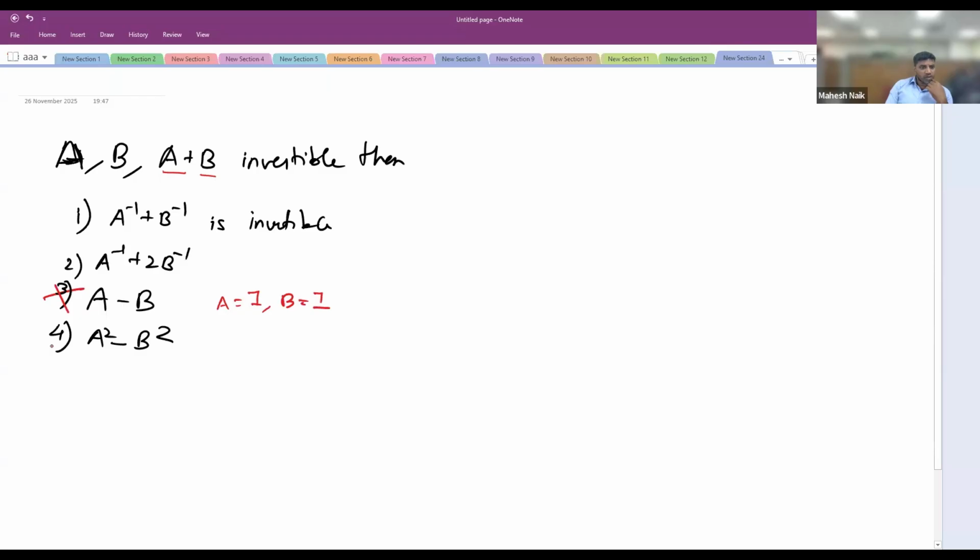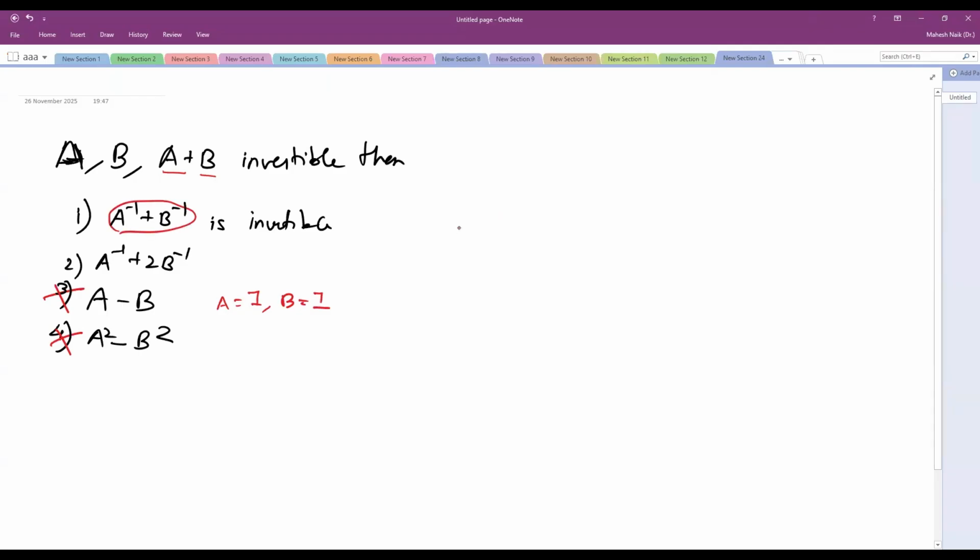Same example would go for A square minus B square, right? One will be correct. So how do we show that?